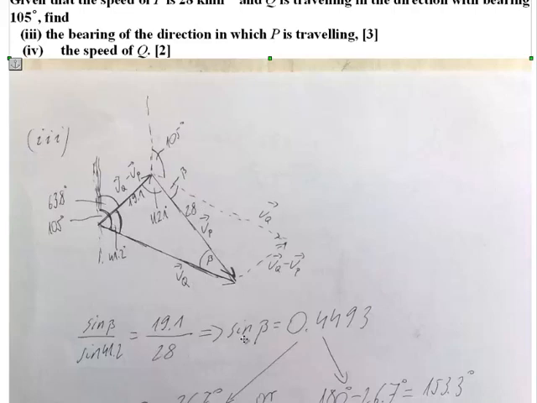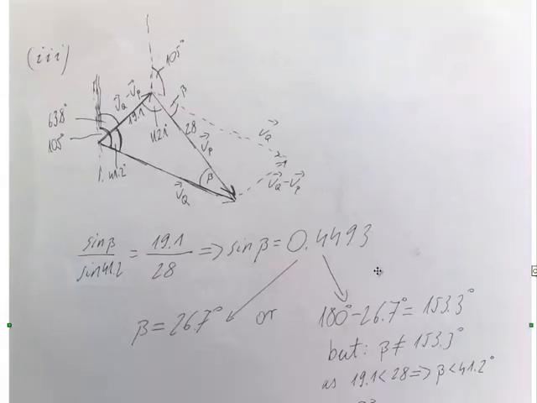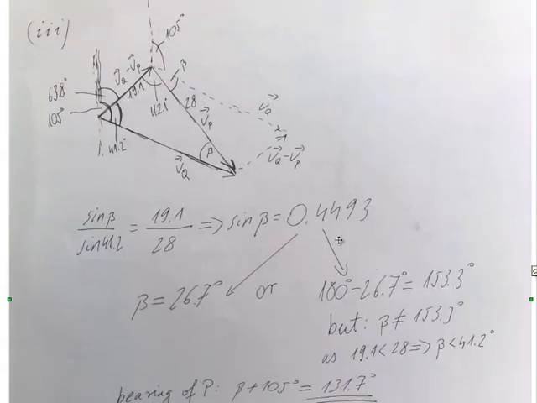So we get that sine of beta is equal to this value, and we get 26.7 degrees, or 180 minus 26.7.